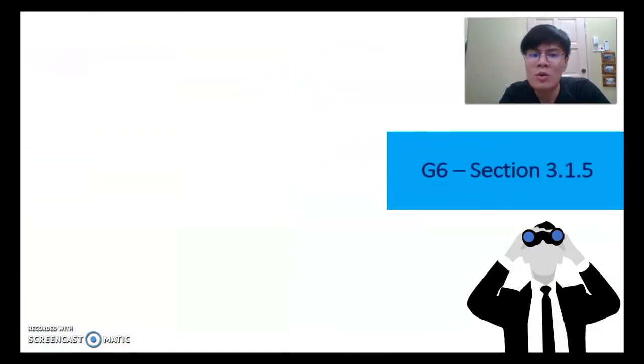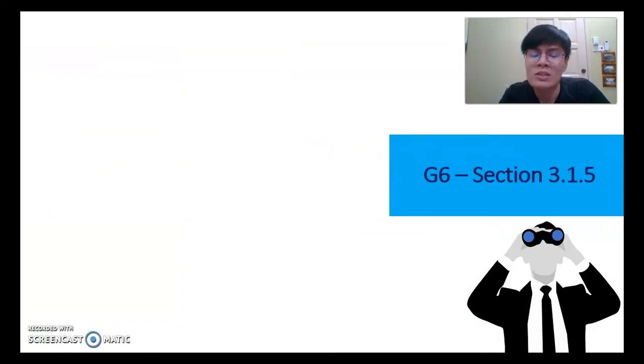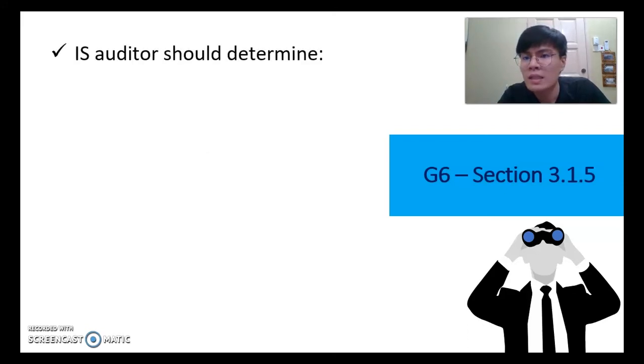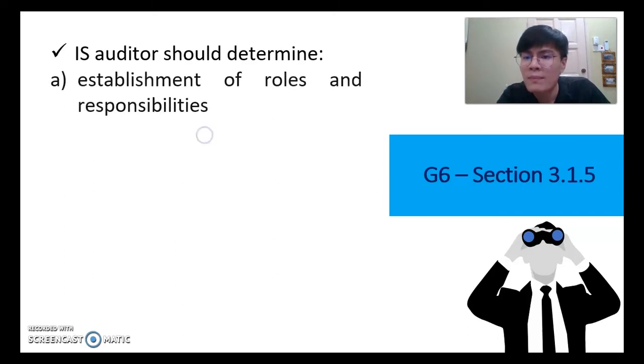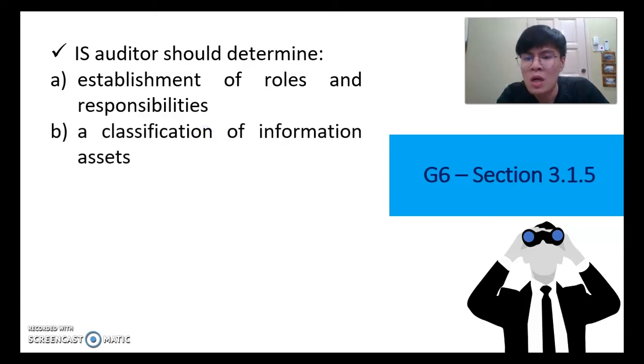Okay, now we've moved on to still under G6, but another section, 3.1.5, where it states the IS auditor should determine, number 1, establishment of roles and responsibilities. Number 2, determine a classification of information assets in terms of confidentiality, availability, and integrity.